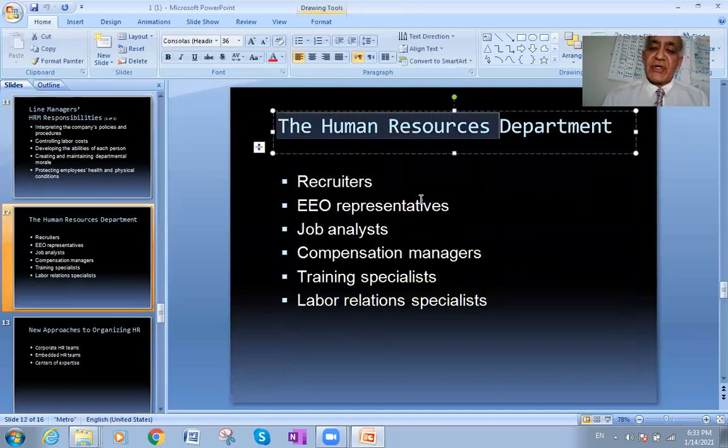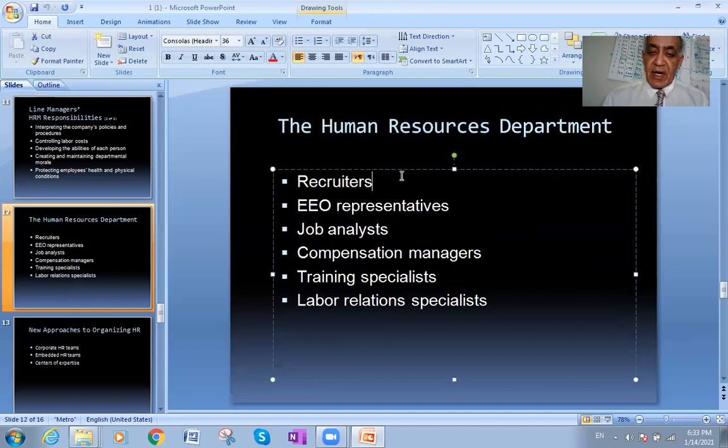The human resource department are the recruiters and representatives of the organization itself. They must do job analysis, they are the ones who will analyze the job, which includes the job description and job specification. What are the duties of this job? What are the tasks?